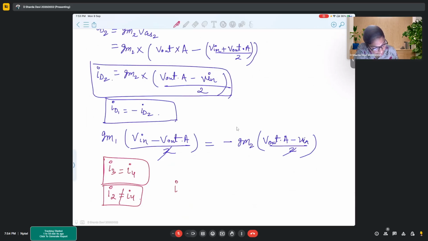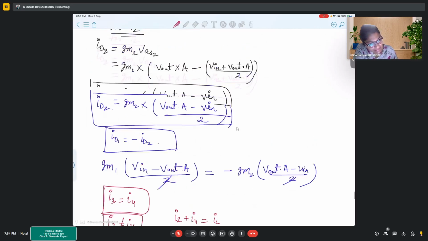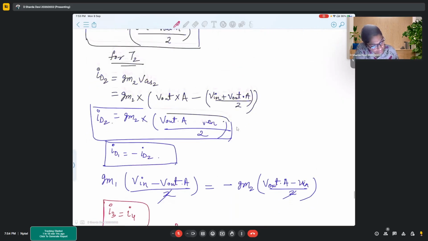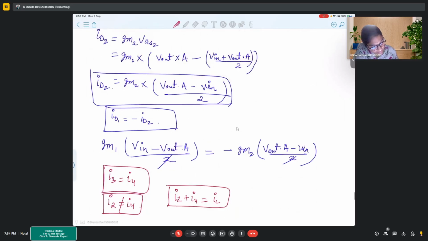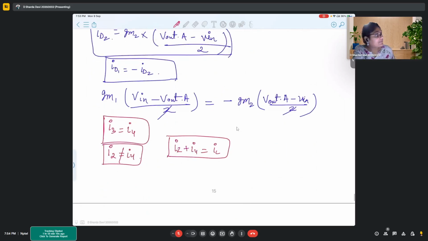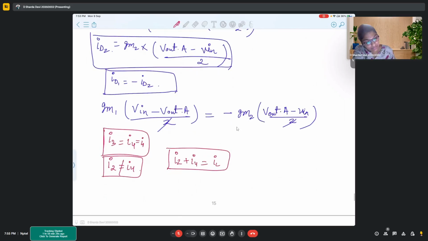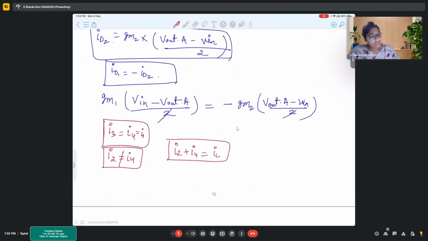Rather, I2 plus I4 will become IL, that is the load current. This will behave as IL. So also equal to I1.